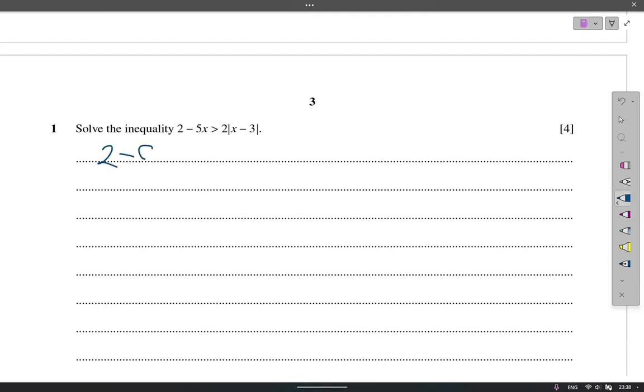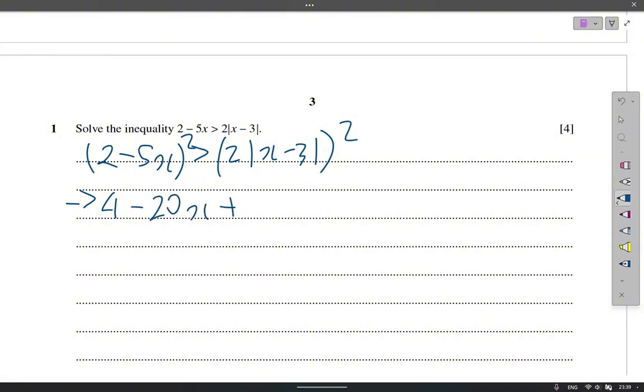So the first step is going to look like squaring both sides, which gives us 4 minus 20x plus 25x squared, which is greater than 4 times x squared minus 6x plus 9.